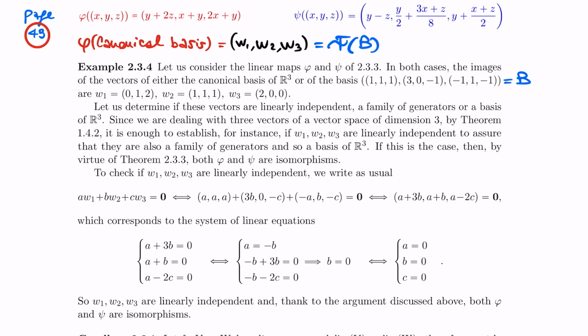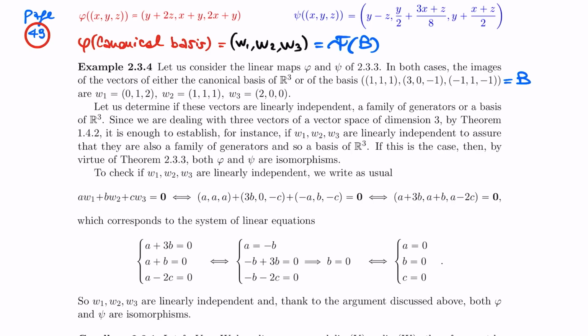Let's now see a nice application that shows the usefulness of the theorem that we have just proven. Recall that in this example here, we have analyzed the endomorphisms phi and psi whose expressions are recalled here and here respectively. As you can see, the expressions are quite different. However, remember that phi was built by associating the vectors of the canonical basis of R3 to the vectors W1, W2, and W3 that are recalled here.